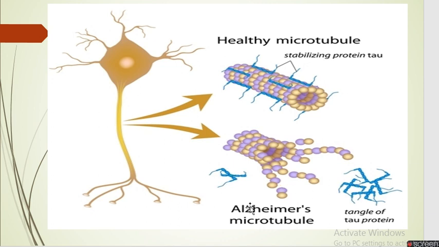Then the tau protein becomes twisted, forms aggregates, and becomes hyperphosphorylated. When hyperphosphorylation happens in that protein, they twist around each other, and that twisting we call what? Tangles of tau protein. Tangle means twisting and tau means 6 proteins. So I hope you understand.